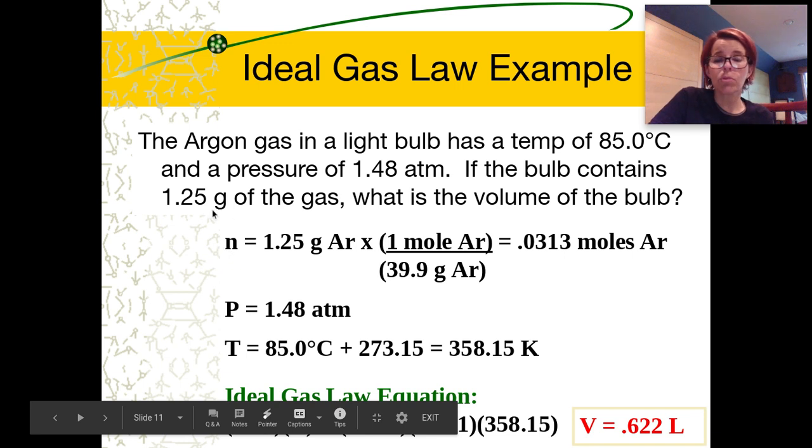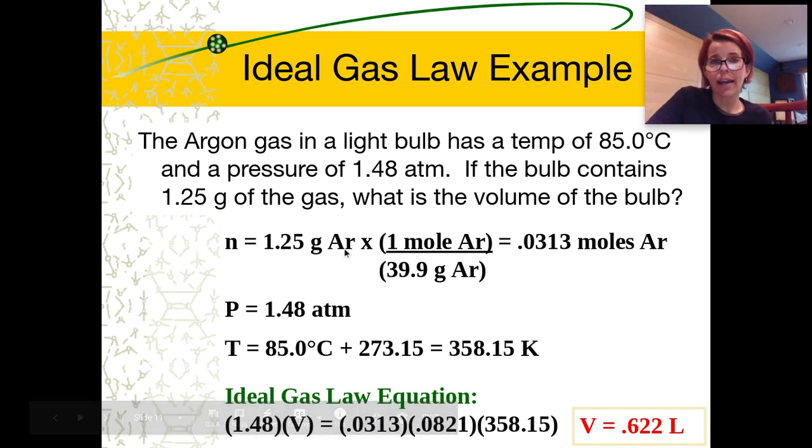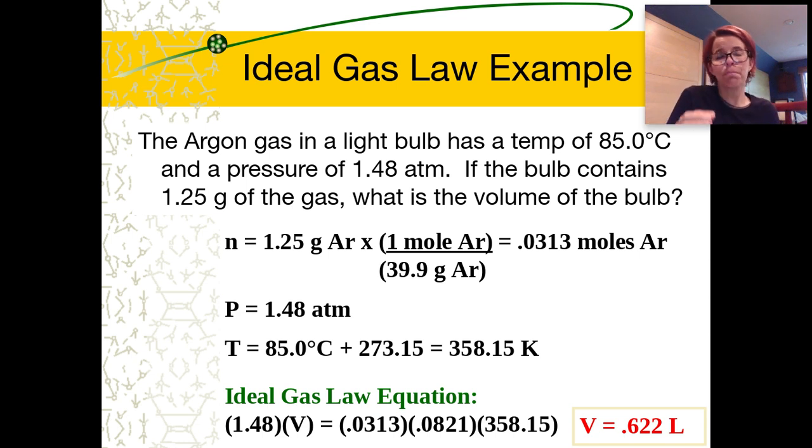Okay, so N is moles again, remember? So here's the grams of the gas times 1 mole of the gas over the molar mass of the gas. Now, if I were to write that more efficiently, I'm not always thinking more efficiently is a good idea. I'm somebody who likes to write it all out so my brain doesn't get confused.